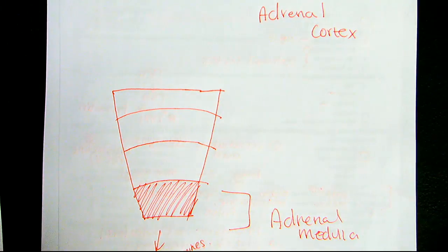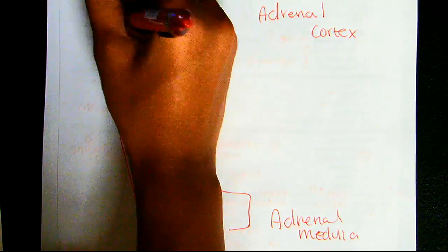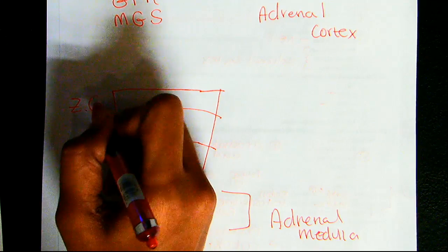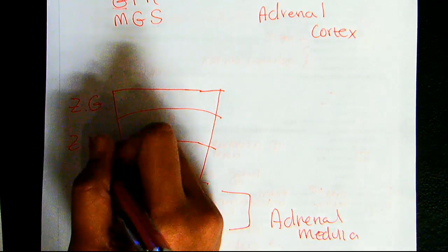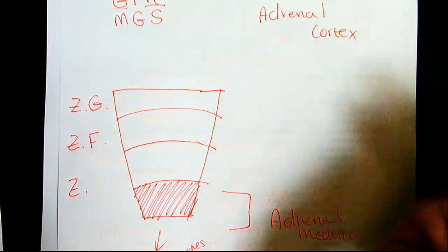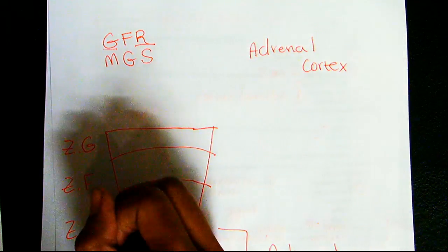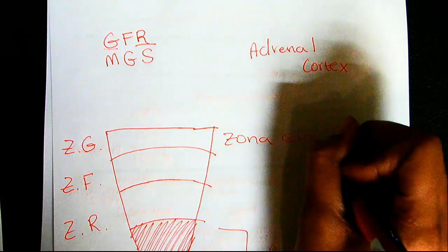To remember the adrenal cortex, it usually uses the mnemonic: glomerulosa, fasciculata, reticularis. So the first one will be with the G, right? The second layer will be F, and then the third will be an R. So this is zona glomerulosa.